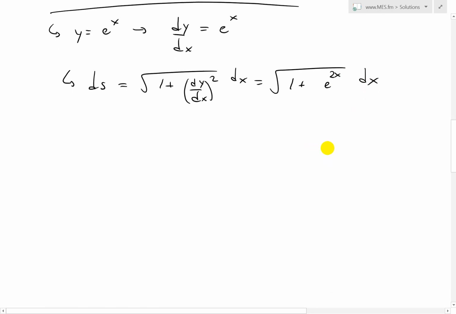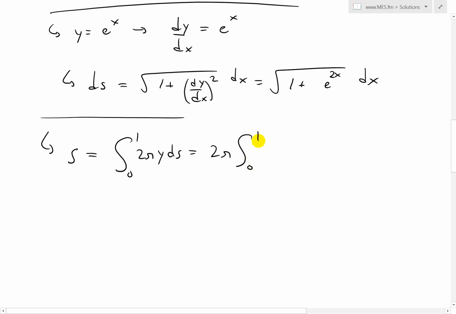So now we can just plug this all in. We have the surface area equal to the integral from 0 to 1 of 2 pi y ds, which equals, taking the 2 pi out as a constant, the integral from 0 to 1 of e to the x times the square root of 1 plus e to the 2x dx.